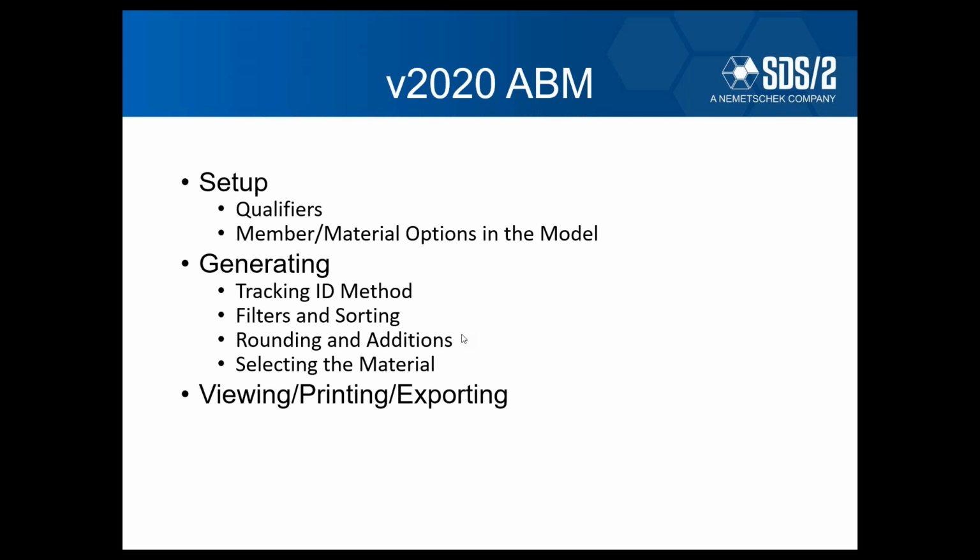We're going to look at the viewing, printing, and exporting, some different options that we have there, like exporting to Excel. And then what we generally have at the end of the ABM is updating, how to compare those changes and what we need to look for when we are actually updating that ABM.